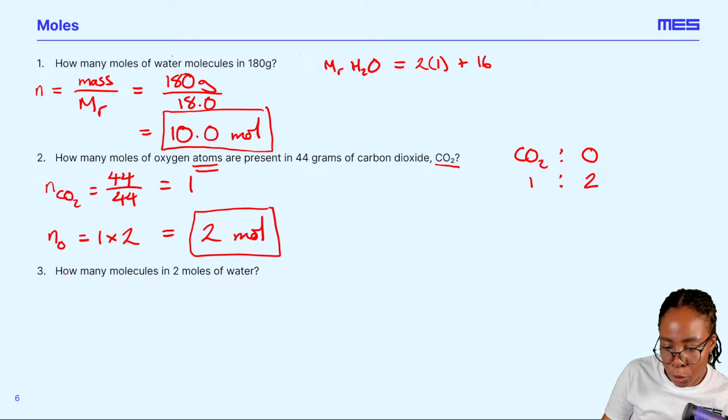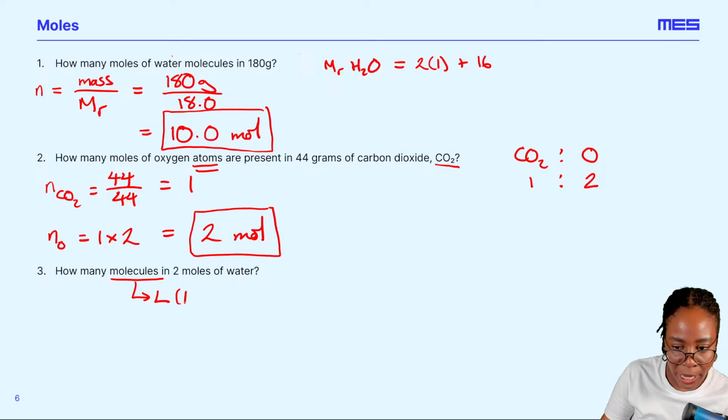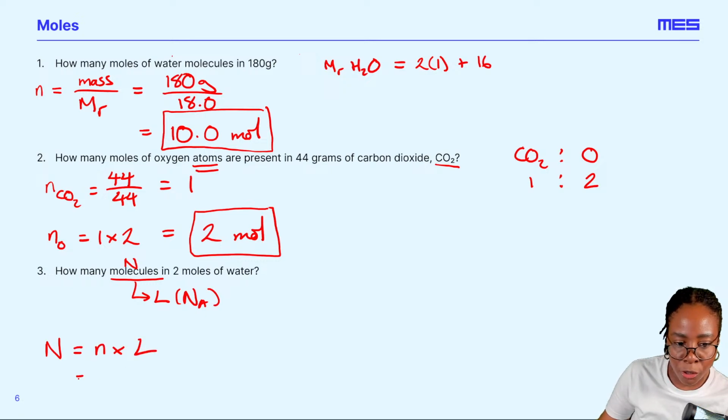How many molecules in 2 moles of water? If we're asked for the number of molecules or the number of ions or the number of atoms, etc., we know here we need to use Avogadro's constant, right? We're going to need to use L or Na, depending on what you want to call it. So if we have got our molecules, that's our N, number of particles, equal to our number of moles multiplied by Avogadro's constant.